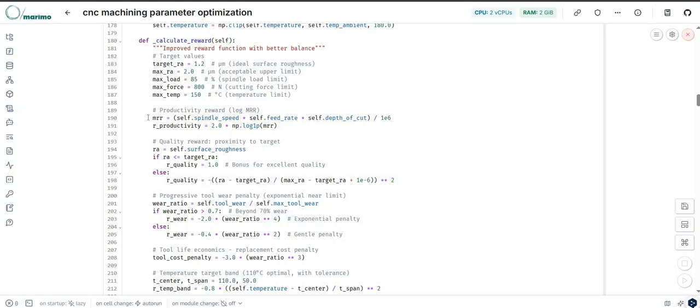Then we calculate the productivity reward, and here we use the material removal rate, which is spindle speed times feed rate times depth of cut divided by 1 million.